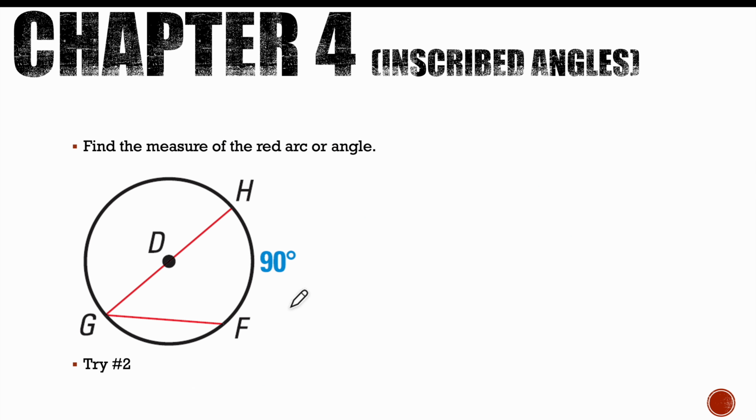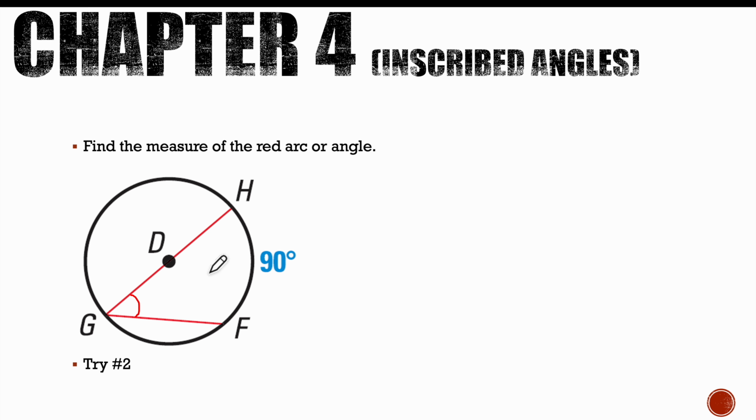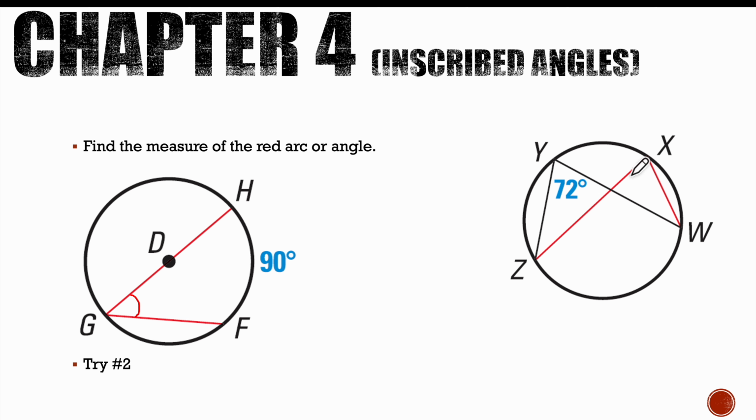What it is asking here is this inscribed angle, HGF. HF is 90, which means at the center it is forming a 90 degree central angle, and we know the inscribed angle is half of the central angle, so this angle will be 45 degrees. This is 72.